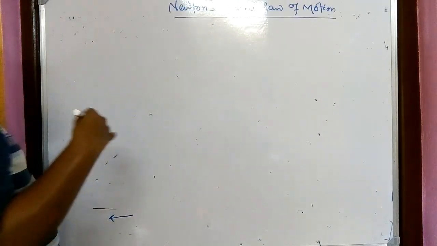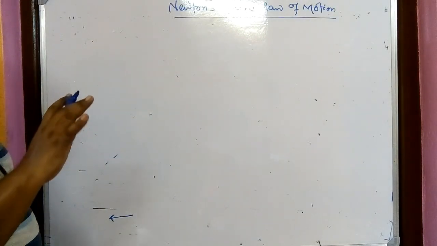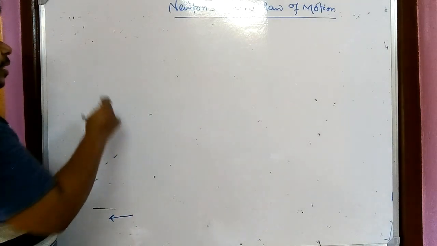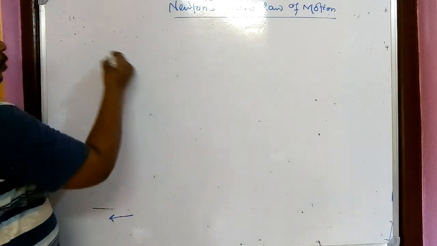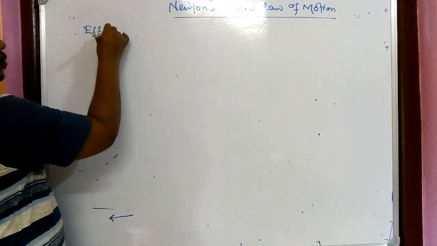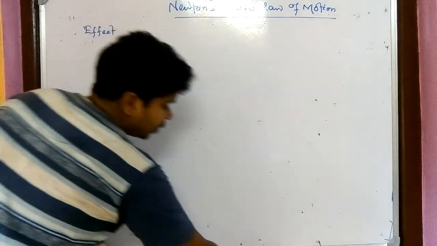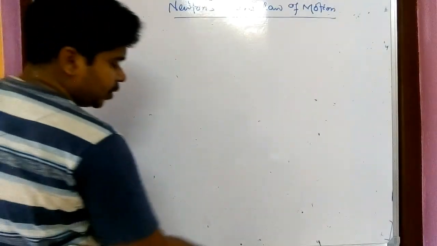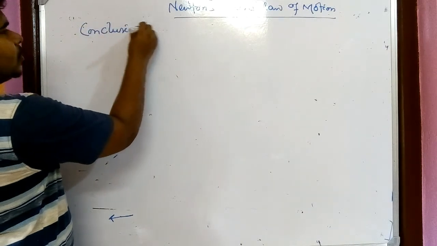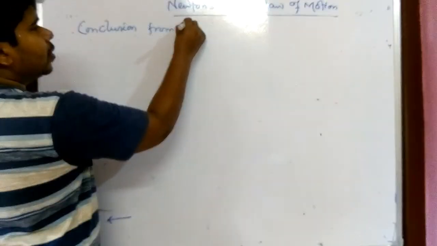That is a special combination of Newton's third law and Newton's second law. Let's see. So here we just want to show you the effect, or effect is not the appropriate word, the conclusion from the third law.